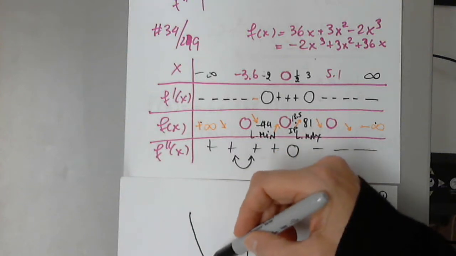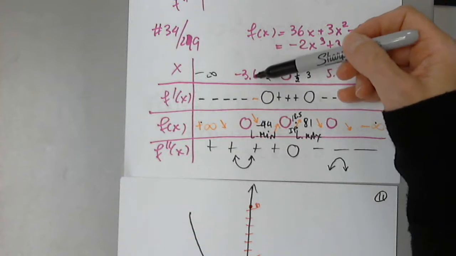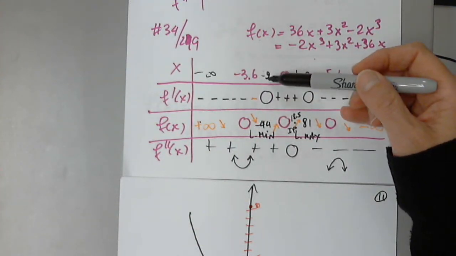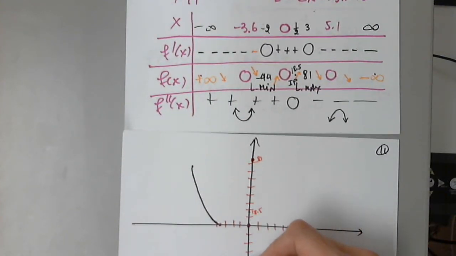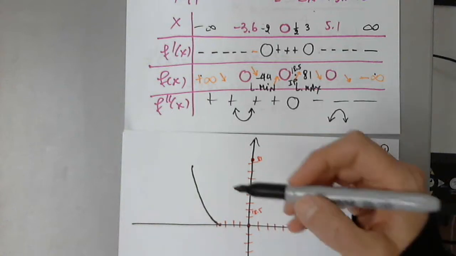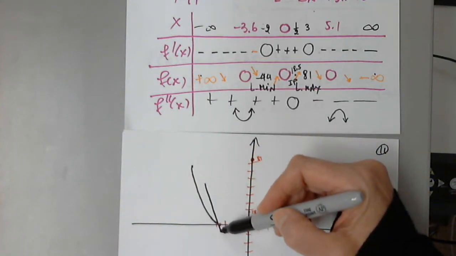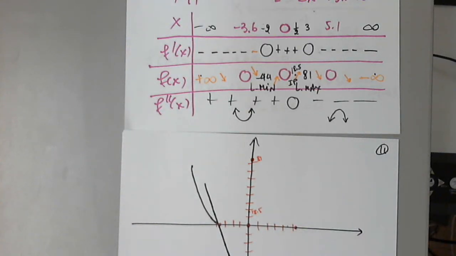Decreasing, opening up till this point. It will continue to negative 2 comma negative 44. Negative 2 comma negative 44 is this point. I'm going to have to make some adjustments. So it will continue to this point where it turns.